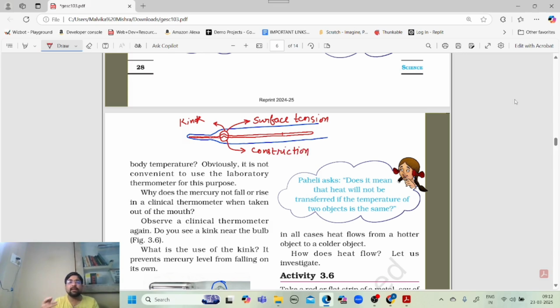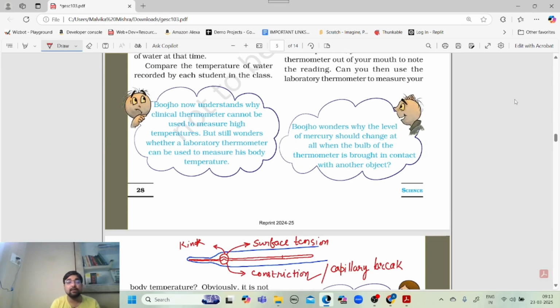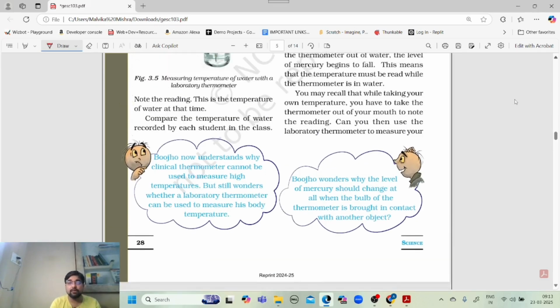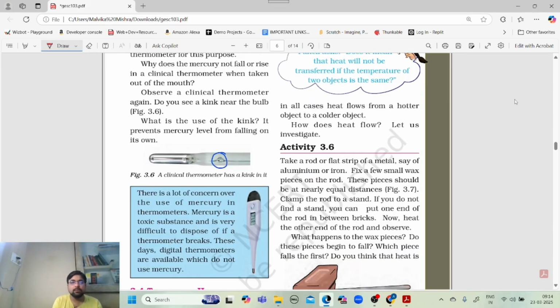So it provides a kind of constriction to the easy flow of the mercury back downward, right? So it provided a constriction, and we call it a capillary break also. This kink is not there in your laboratory thermometer. So this kink prevents the mercury level from falling on its own.